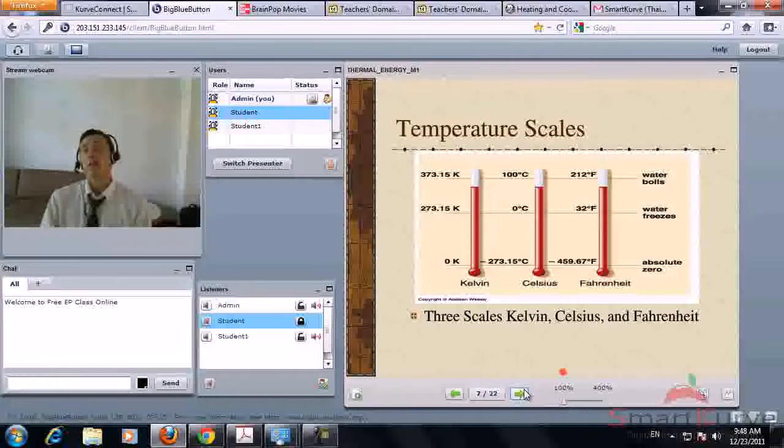Now, the first man to realize this was a man named Celsius. And that's why his name is the name we use for that center scale, the Celsius scale. Celsius put mercury into a glass tube.